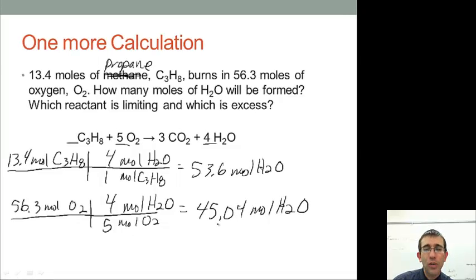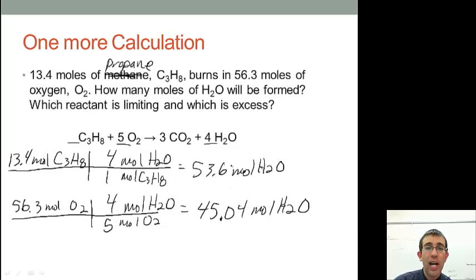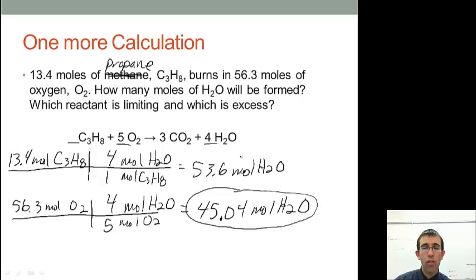Okay, just like our last one, which reactant is limiting and which reactant is excess? But first, how many moles of H2O did I form? Well, remember, you'll get two answers. Whichever is your smallest answers the question. I made 45.04. That means I can just cross that number out. So this is how many moles of water we created.